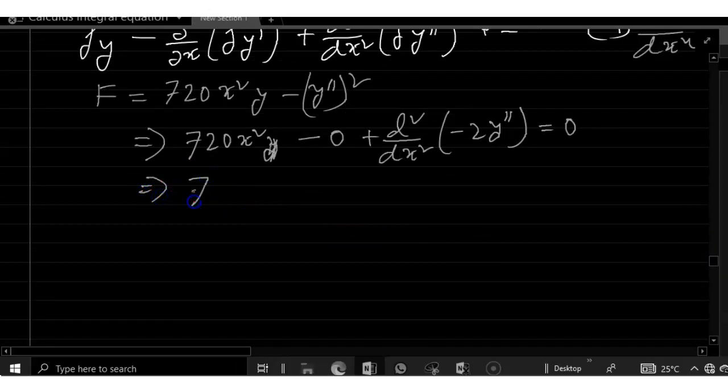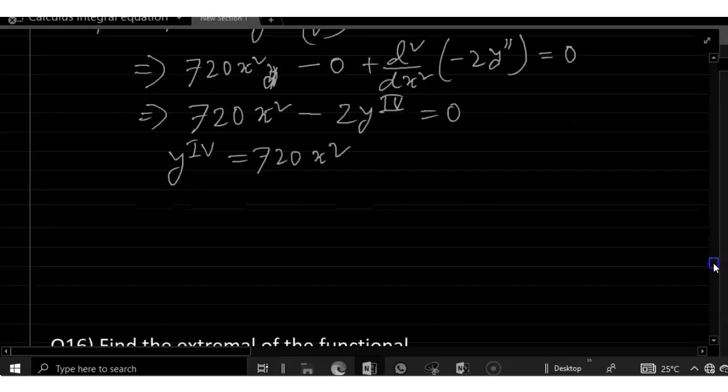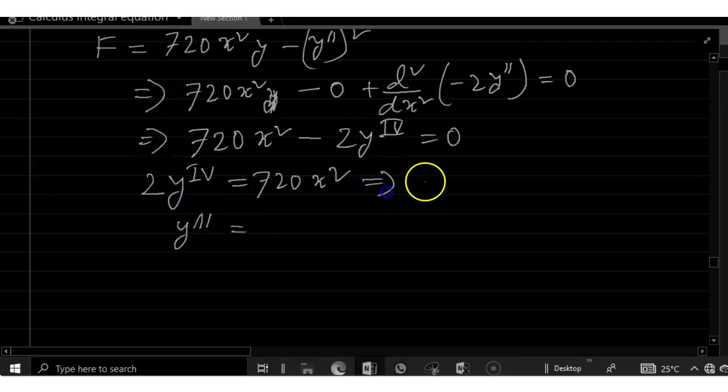So 720 x square minus 2 y4 equals 0. So y4 equals 360 x square, and y triple dash is 120 x cube.